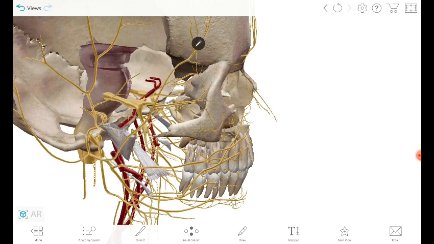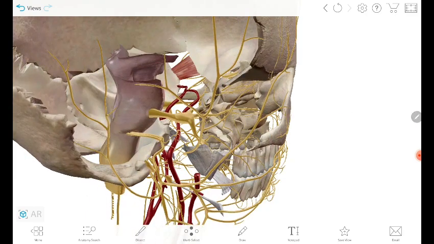So this over is the temporal branch. Then we have one zygomatic branch, then we have some buccal branch, then we have the marginal mandibular branch, and then we have the cervical branch. So these are the 5 branches into which the cranial nerve 7 finally divides.